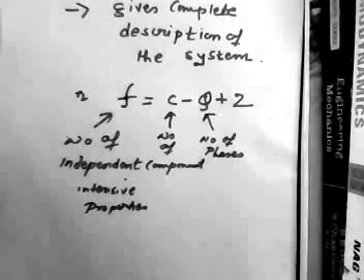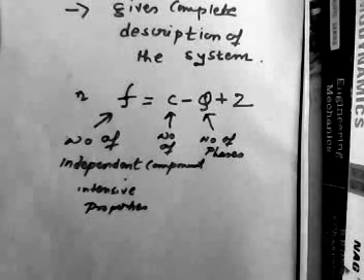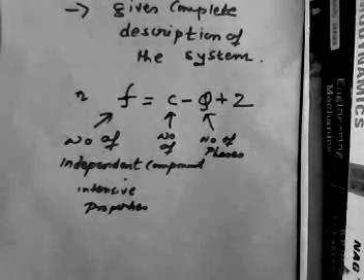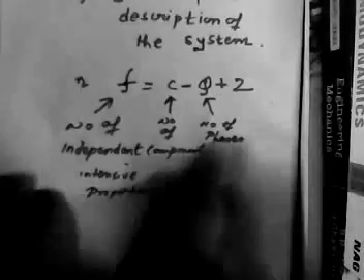So this F is the number of independent intensive properties required to fix the state of a system.